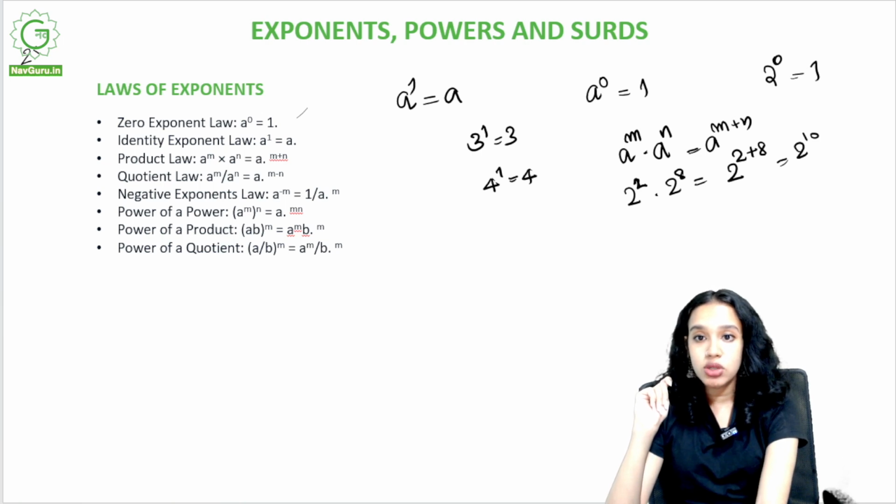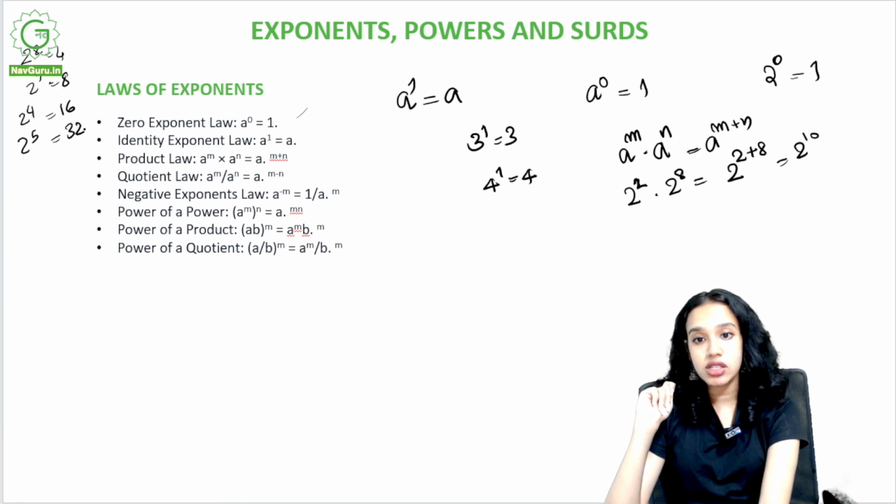So we have 2 square is 4, 2 cube is 4 into 2, 8, 2 raised to 4 is 8 into 2, 16, 2 raised to 5 is 16 into 2, which is 32, 2 raised to 6 is 32 into 2, which is 64, 2 raised to 7 is 64 into 2, so we have 128.